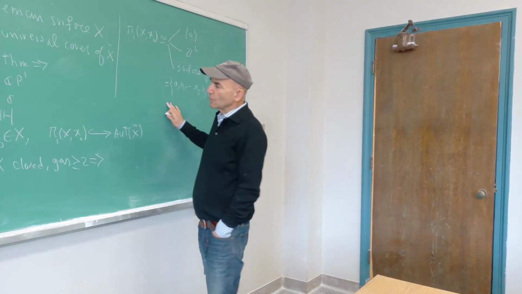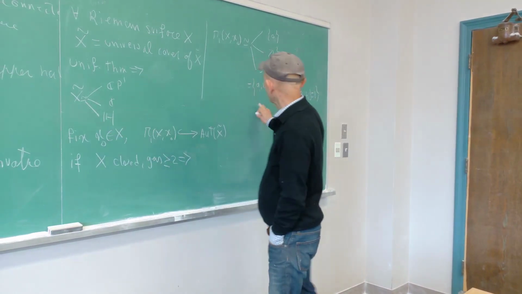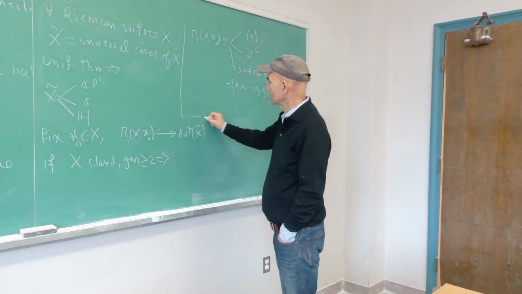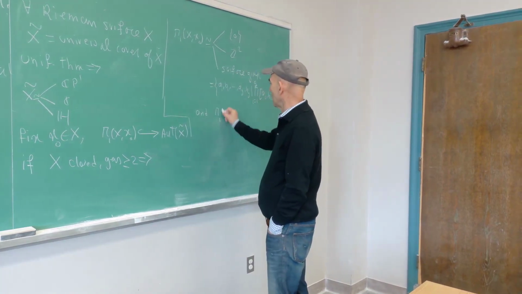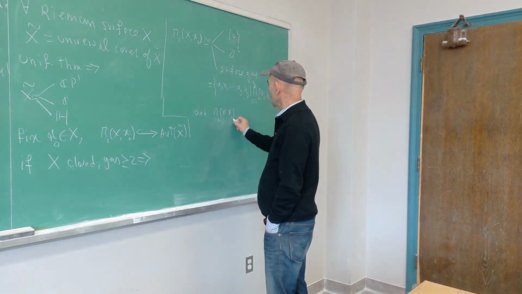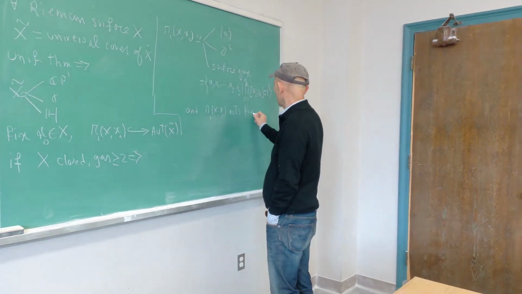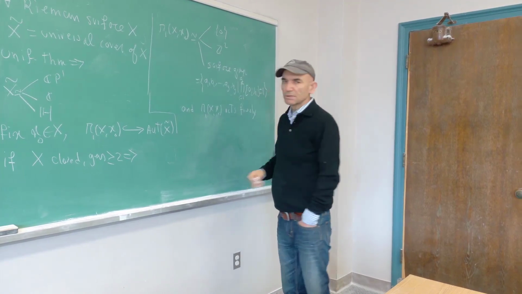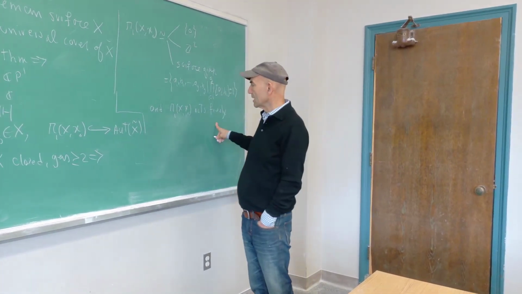So then what we obtain is that pi 1 of X, x0 acts freely, because the deck transformations for the universal cover act freely.